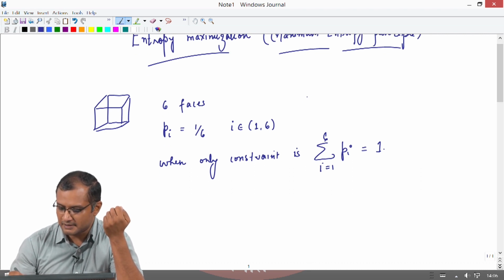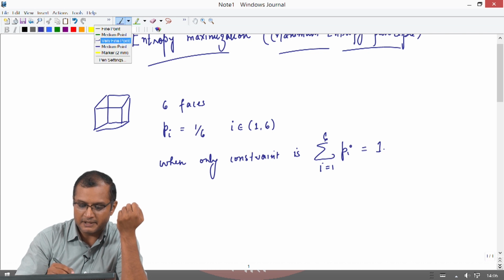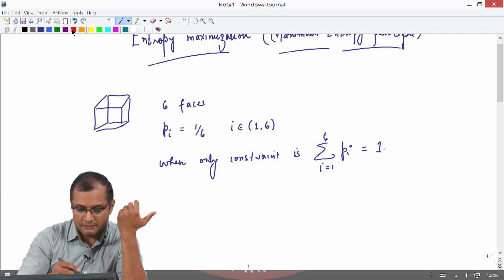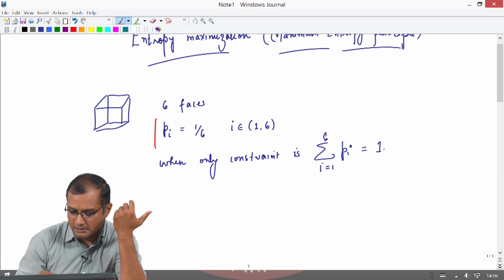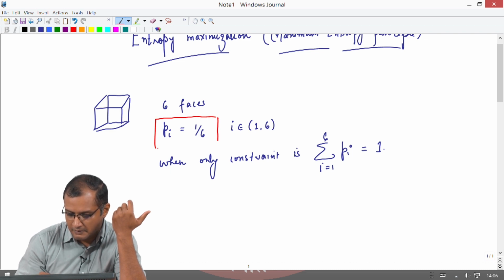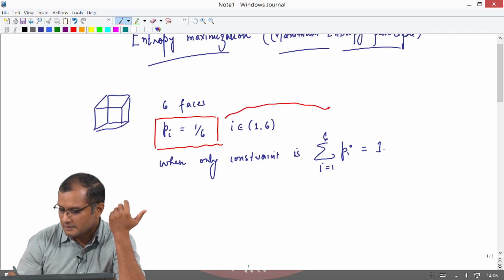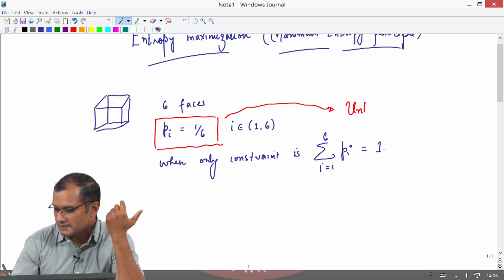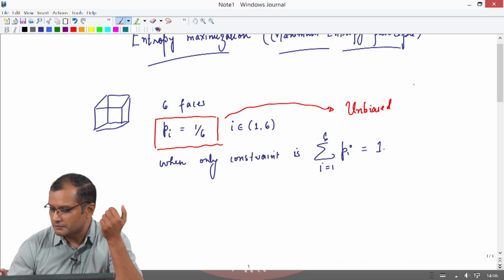I will call this result that we obtained in the last class an unbiased probability distribution. All faces have equal probabilities.